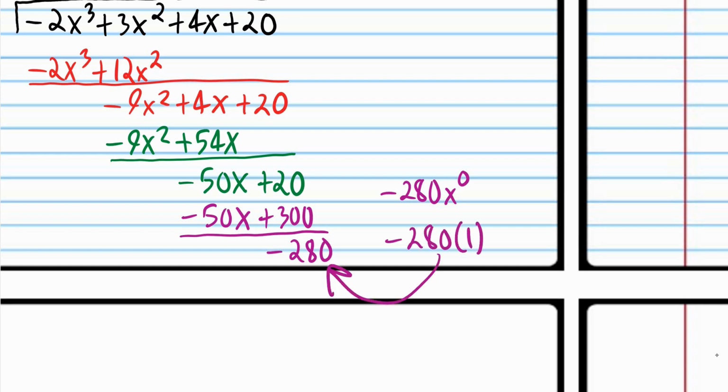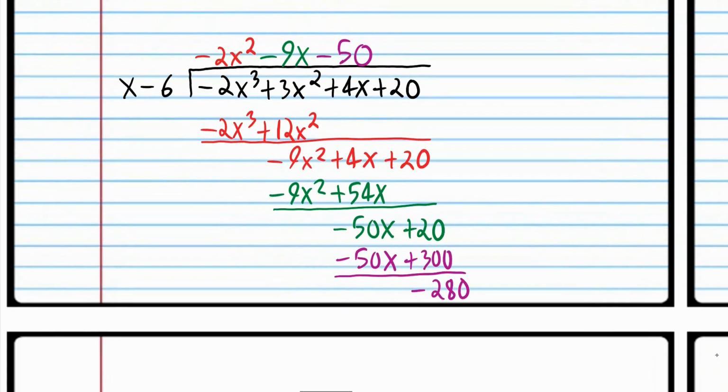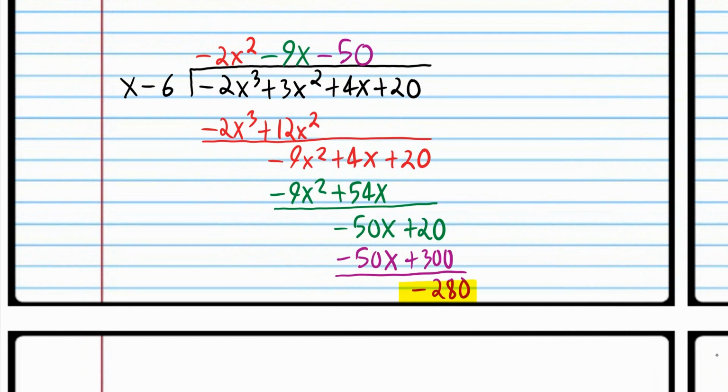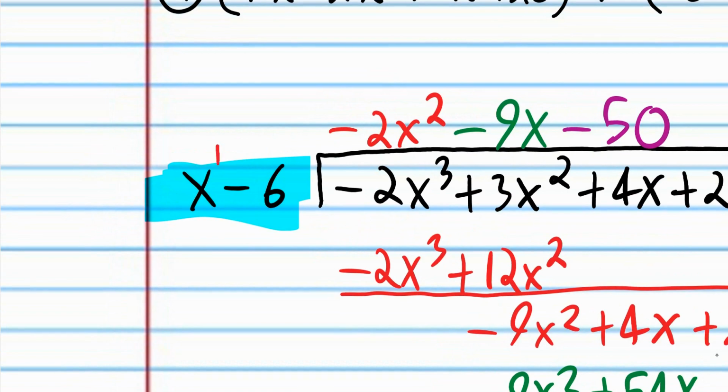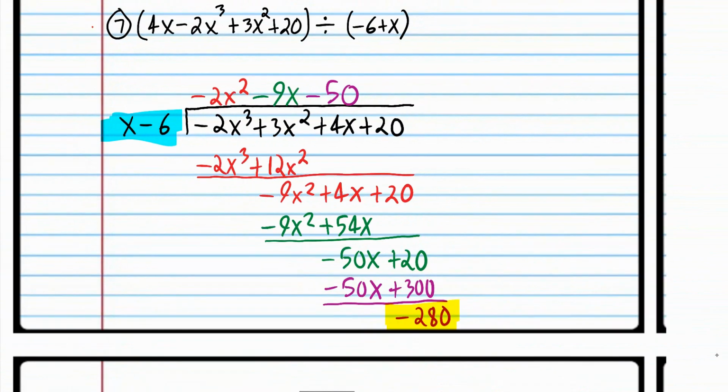So that equals negative 280. So we consider a constant term to be a 0 power term. So this is a 0 power term down here, but this term up here, if you look at the exponent, there is no exponent, but remember, when there's no exponent, it's considered to be 1 on the variable.